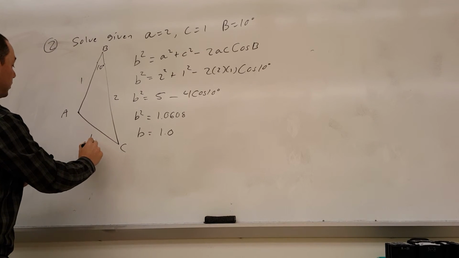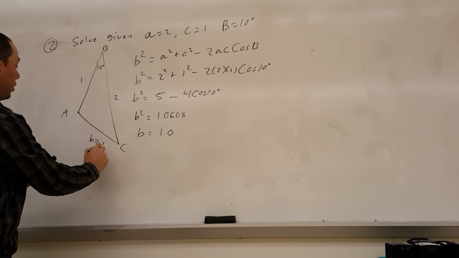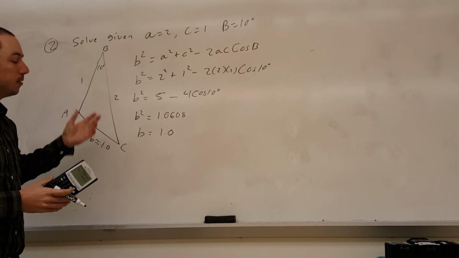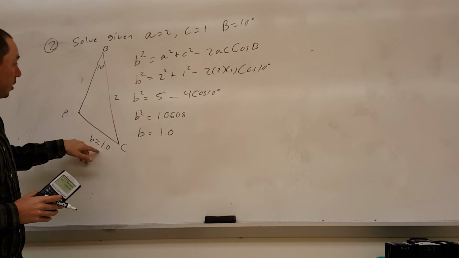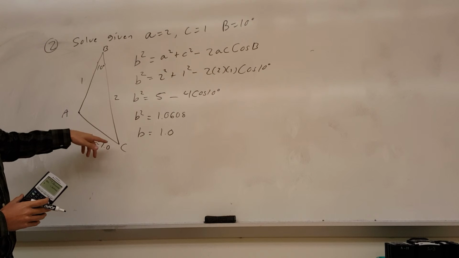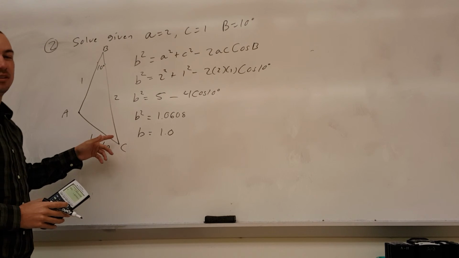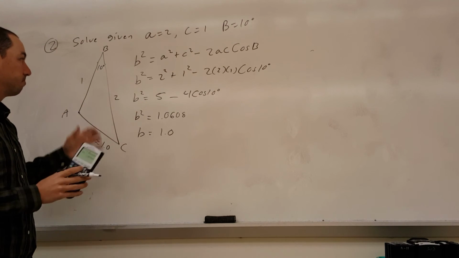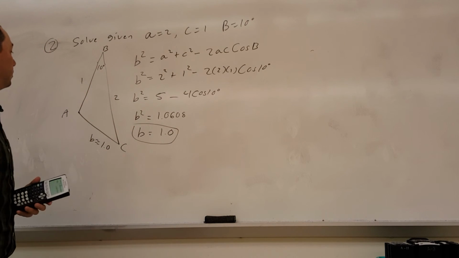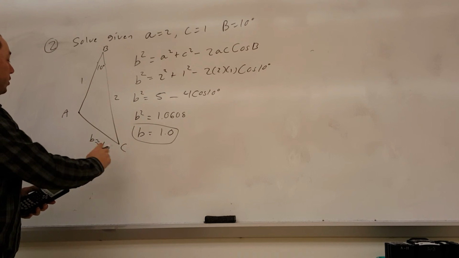Okay, so this side is about 1.0 or 1, which would mean you think, oh, this is an isosceles triangle. Technically, B is a little bit bigger than 1, so it's not technically isosceles, but that would mean this angle would just be a little bit bigger than 10, but we're rounding to the 10th place, so that's how we're going to round. B is 1.